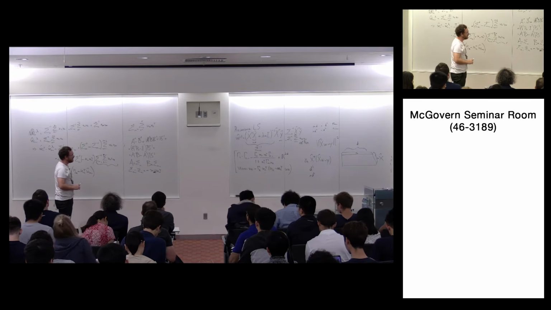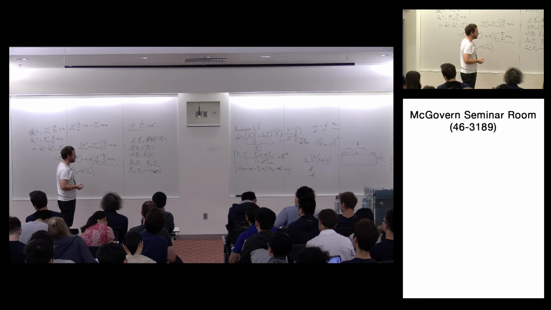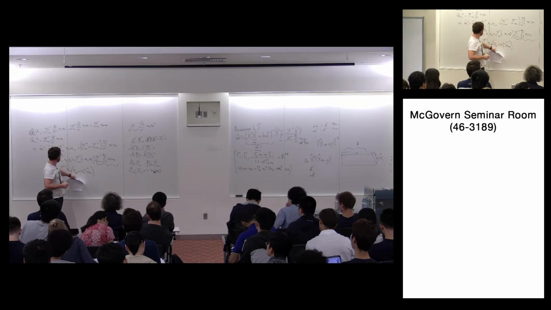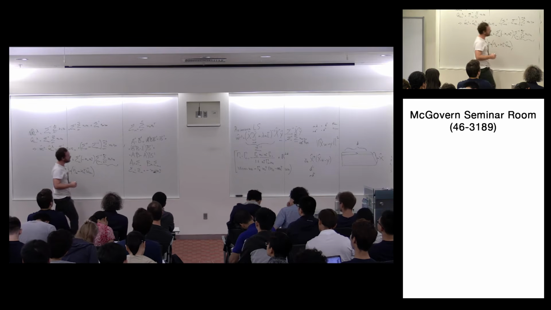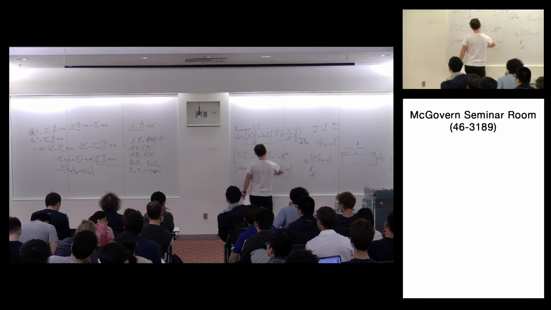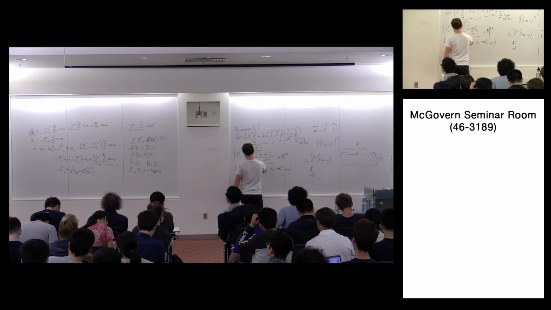And I think I'm screwing up the indices, right? Because what we get here is xn minus 1. So this should be, oh man. Oh, let's do this.